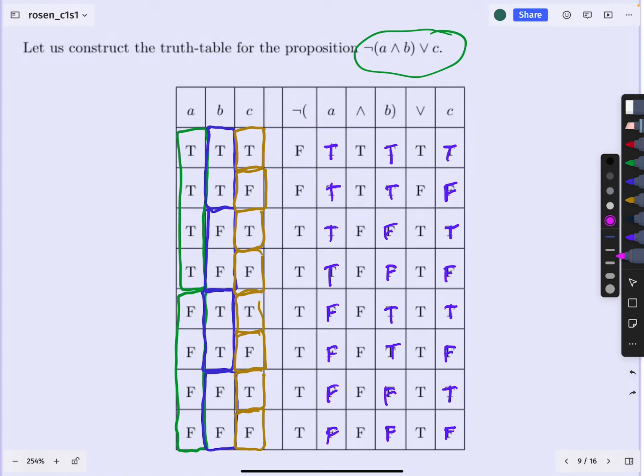Therefore, it should be reading its truth values off of the truth values for the conjunction. But we don't have those truth values yet, so you can't do this left to right. You have to go to the lowest level logical operator and build it first before you can get to that negation. So we need to fill in the conjunction next.